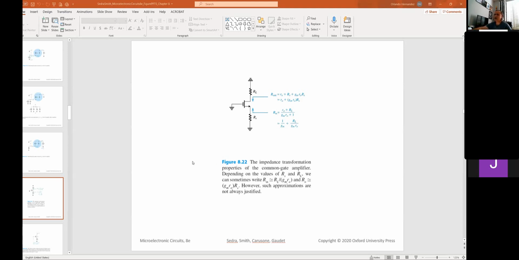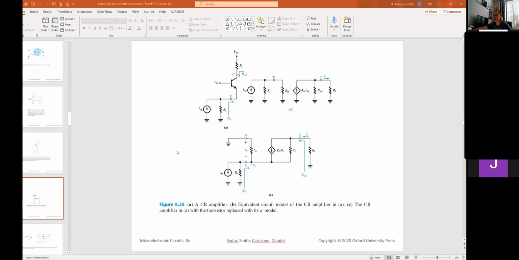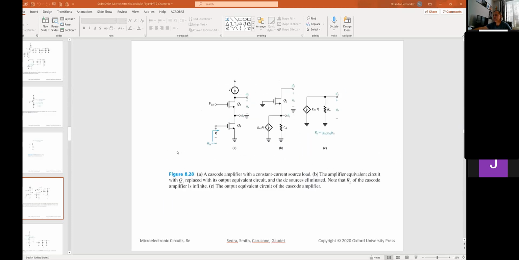Now let's look at another configuration that is going to be an upgrade from this. That's called a Cascode amplifier, and it's shown in figure 828. So when you put it all together, the Cascode looks like this.